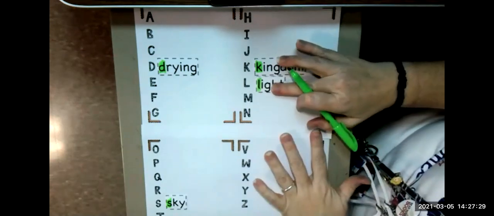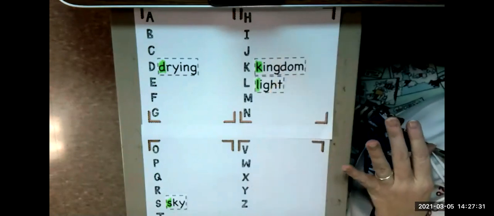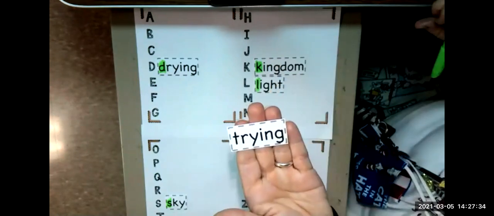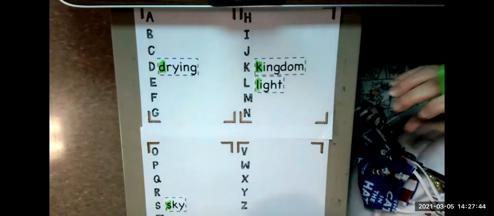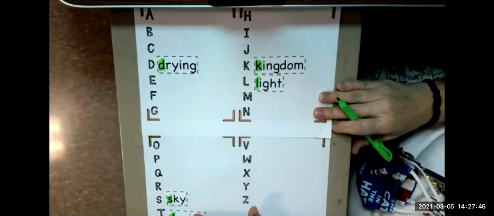With the L's right there under kingdom. Our next word is trying. The first letter is the T. And so it's going to go with the T's. You guys can't see all of my board.